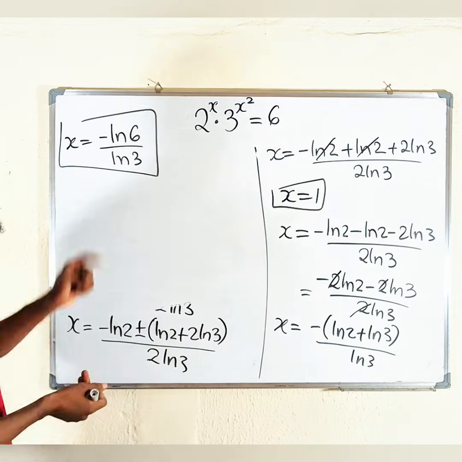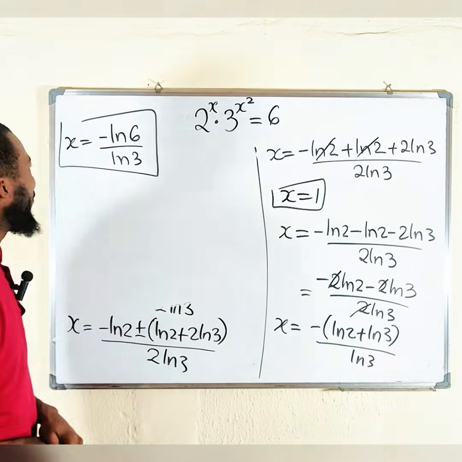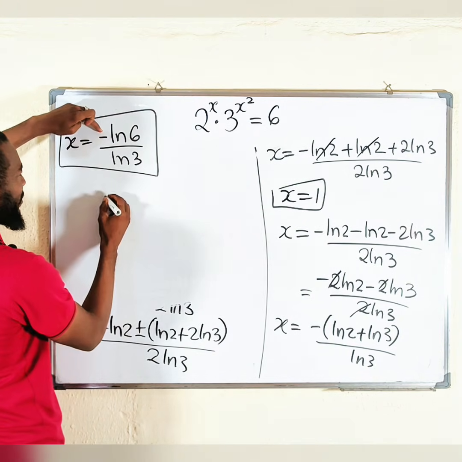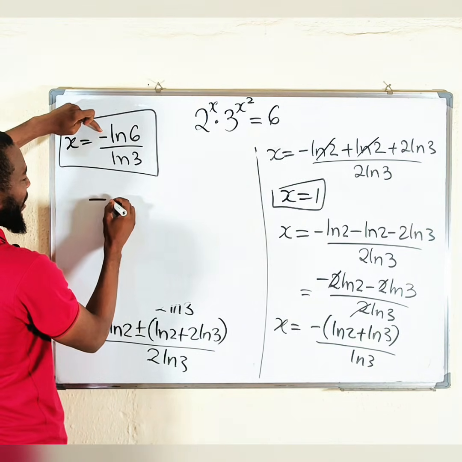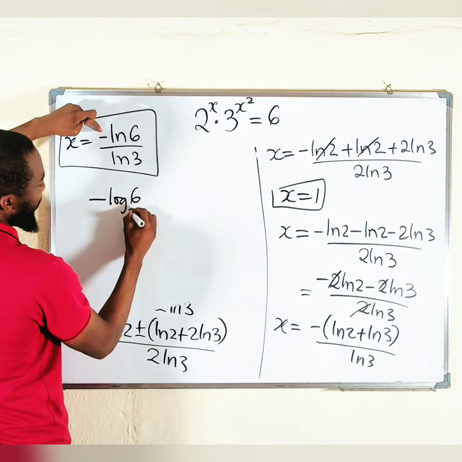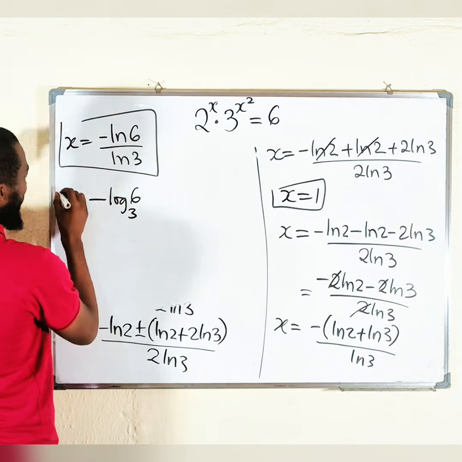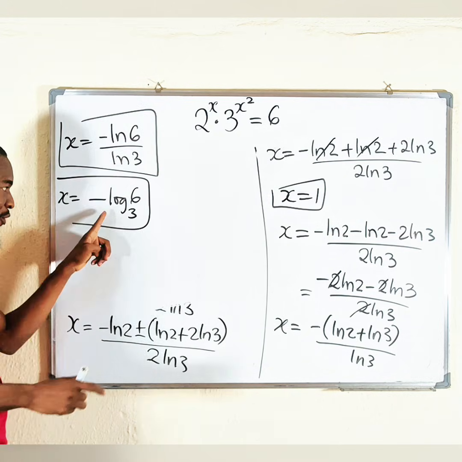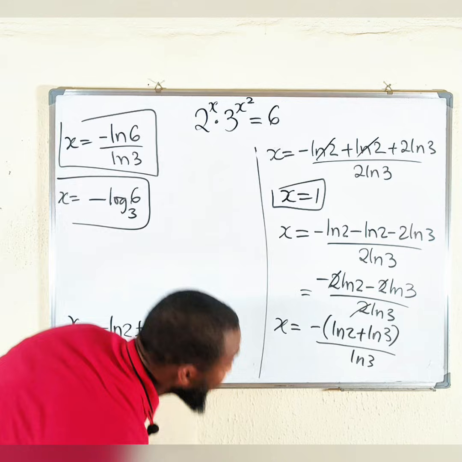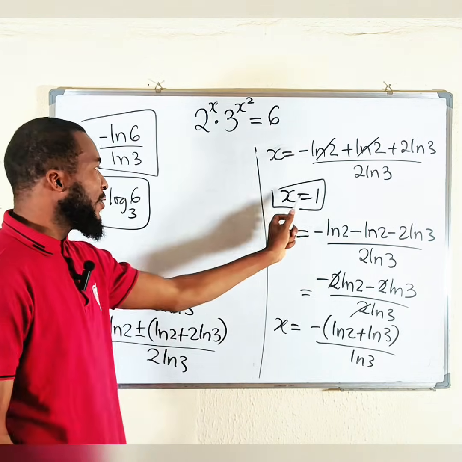And I would like to test this second value, but you should know that according to the change of base formula, this is the same thing as log of 6 base 3. So they are all the same. I would like to use this one in checking my answer whether it is true. We have already seen that 1 is a valid solution.